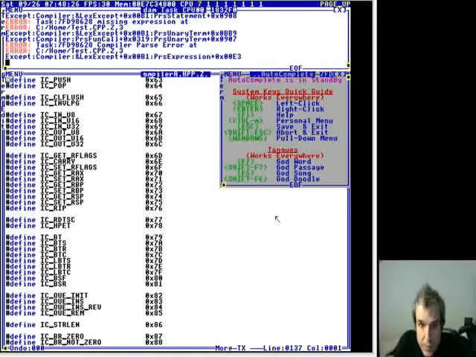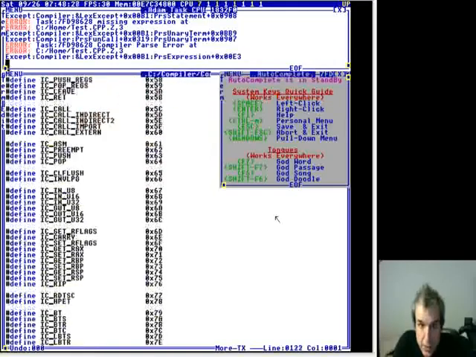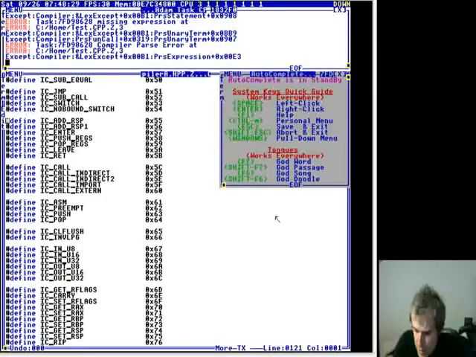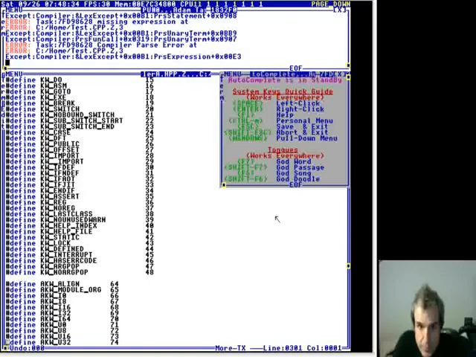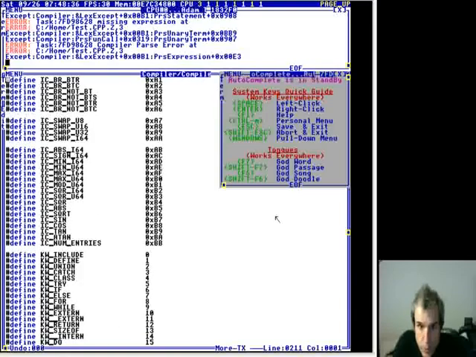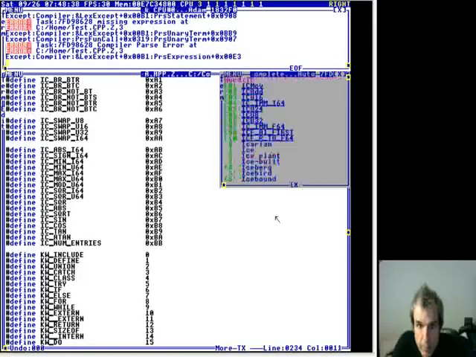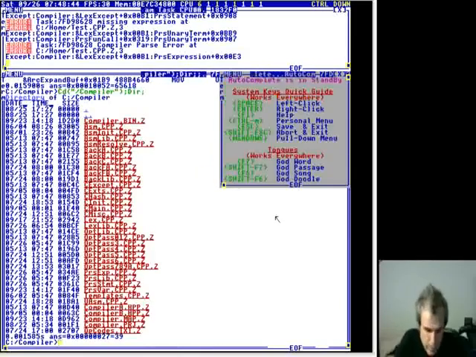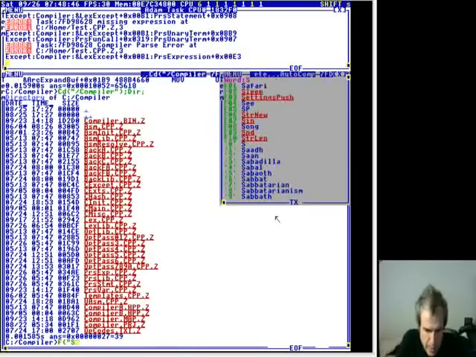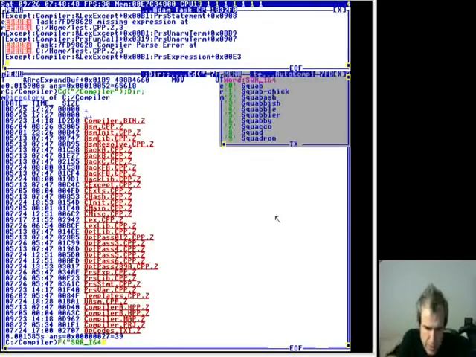Okay, so these are my intermediate codes, IC underscore. Let's look at square. There's square root. I have a square I64. So find SQR I64.